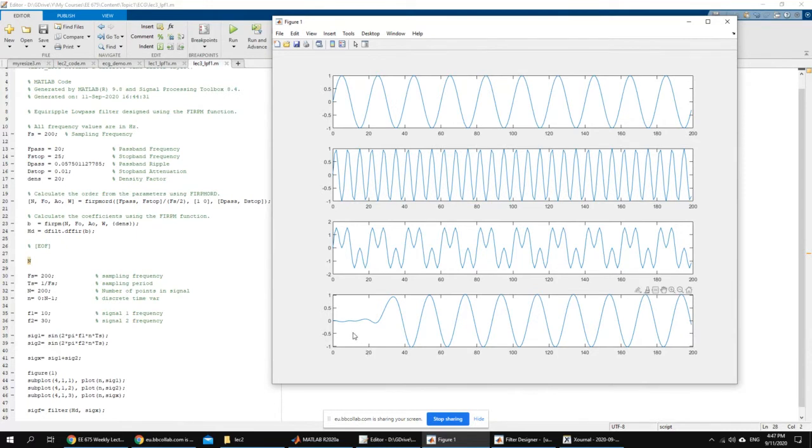So the order of the filter over 2 will basically give you the number of points at the beginning of the filtered signal that are what we call transient. Transient meaning that it doesn't look like the signal. Basically, the filter is still processing until it reaches the steady state. Whenever it reaches the steady state, it becomes very stable after that. But in the first part, the first n over 2 points, you're going to find this problem here.